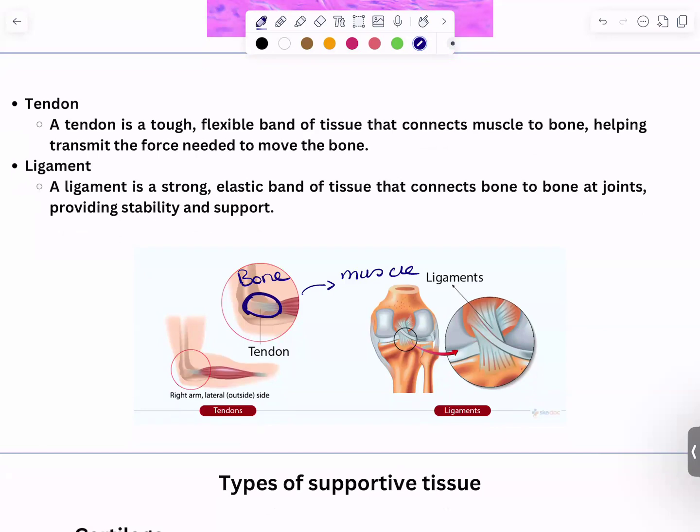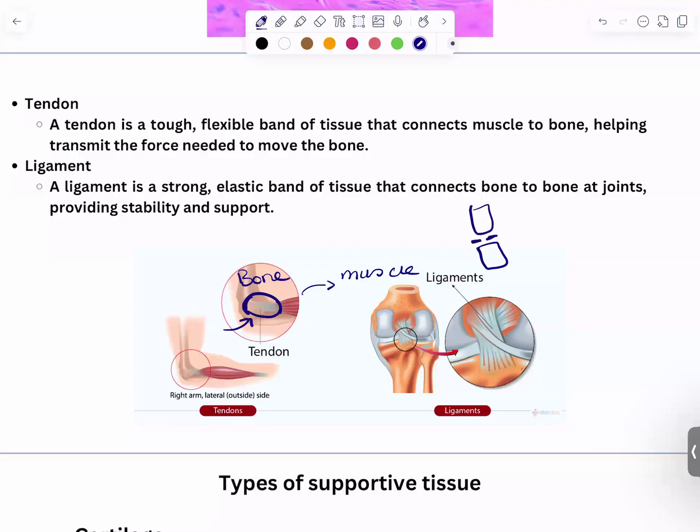It must be a very, very strong structure. It must be flexible, but at the same time a very strong connection, because if you lose the connection between the bone and the muscle, then you cannot have movement. It's not going to be done. So this is the tendon. The ligament is when you have two bones, with a jelly-like structure between them.